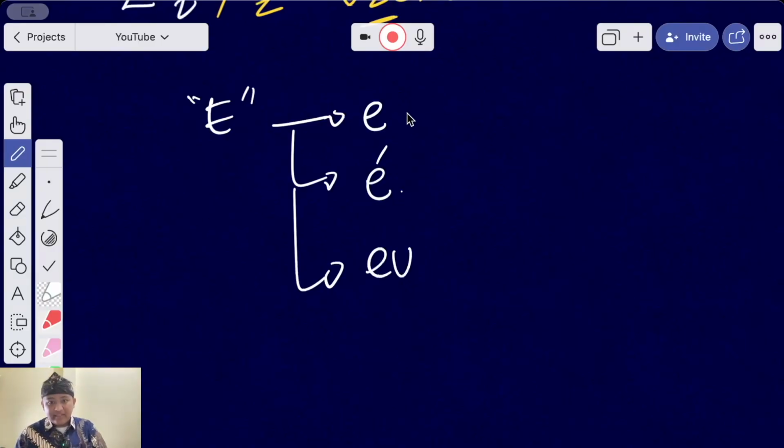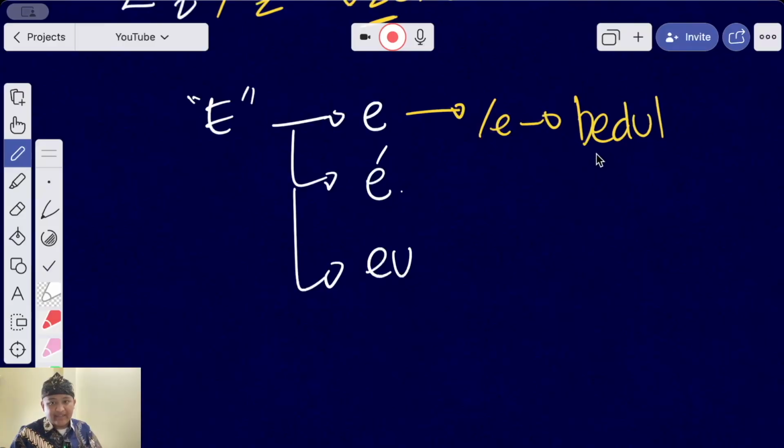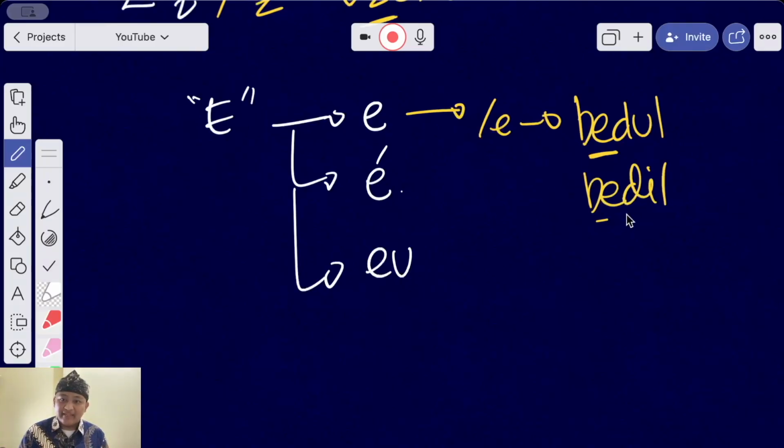This one without any modifier is read as in the Sundanese word bedil. This is a Sundanese word that means a rifle or a gun. Bedil. The E is like that.